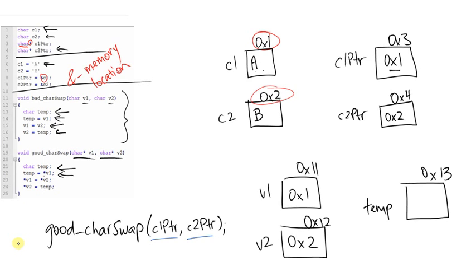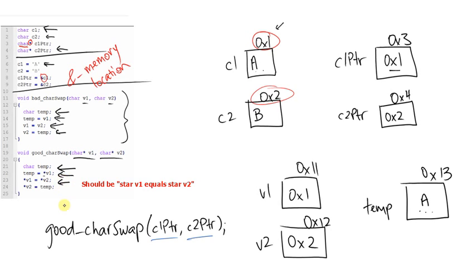This will make more sense with this example. The value of temp we are going to set to the dereferenced value of V1. So where does V1 point to? It points to 0x1, right? Which is C1 here. What's the value in there? It's A. So that's what temp gets set to. Again, dereferencing is going to the location that the pointer points to, or the address that the pointer stores, and copying that value.